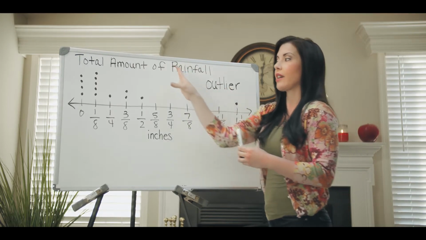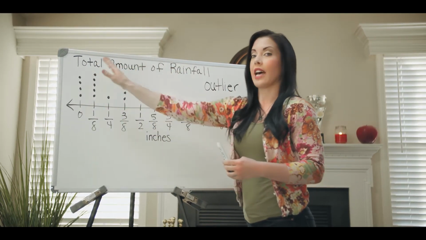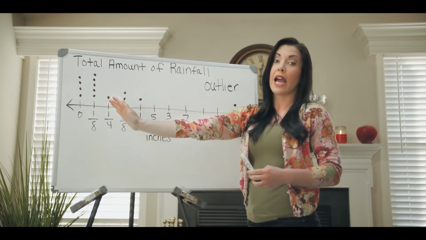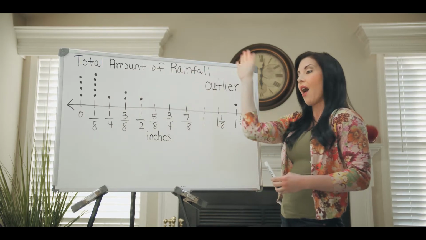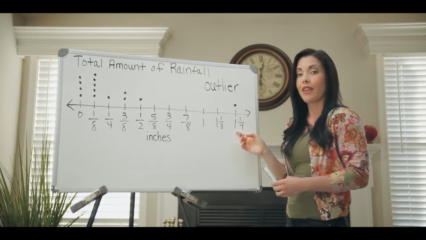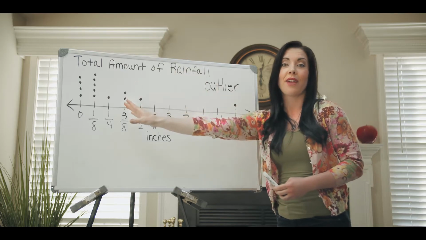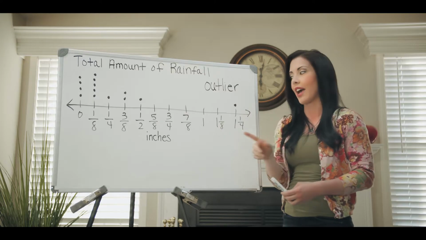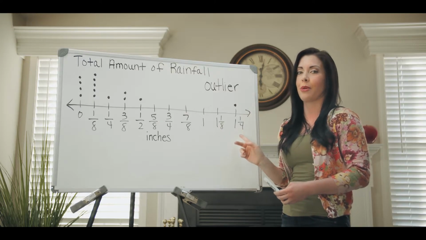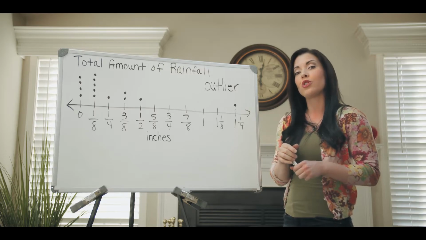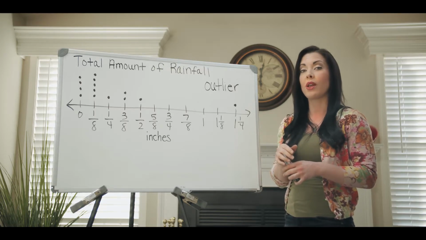Okay, notice how so far all of our dots or data are down on this end of the number line or the line plot. The outlier in this particular set of data is 1 1/4. It's not near the rest of them. Okay, so I wanted to take that opportunity to address the word outlier because this is a perfect example of one.